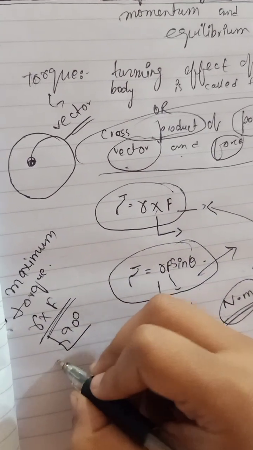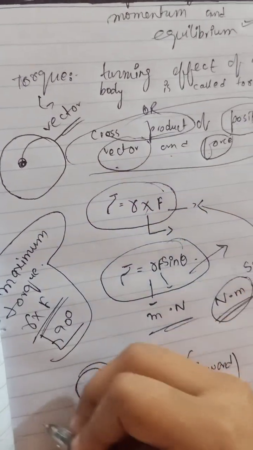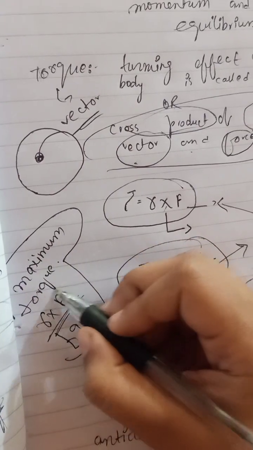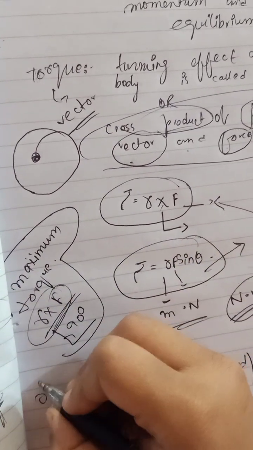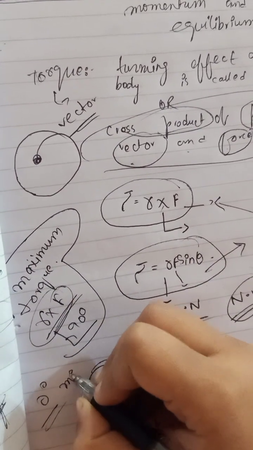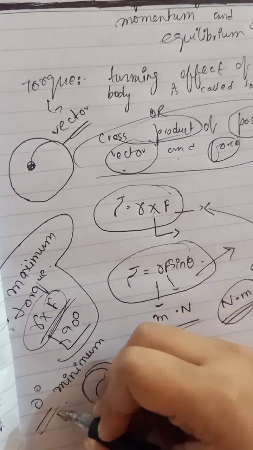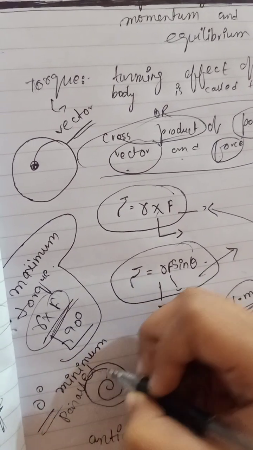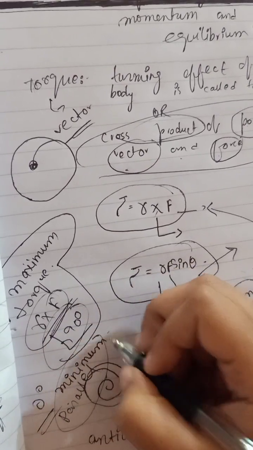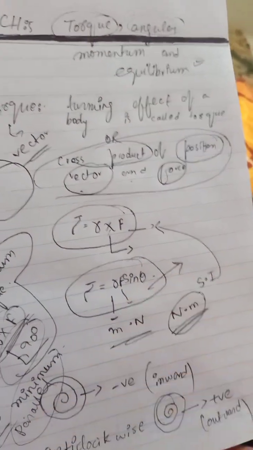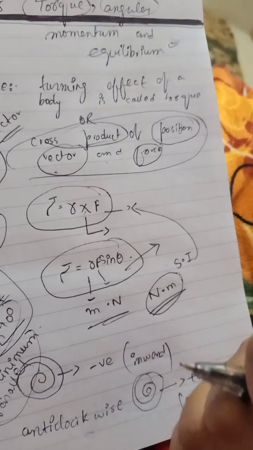If the moment arm and the force make a 0-degree angle, meaning they are parallel, then the torque is minimum.